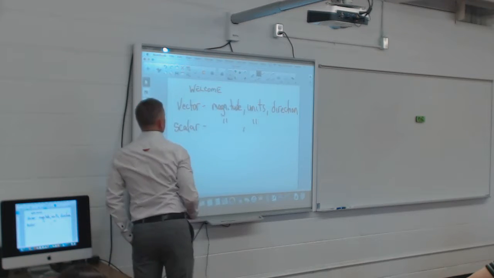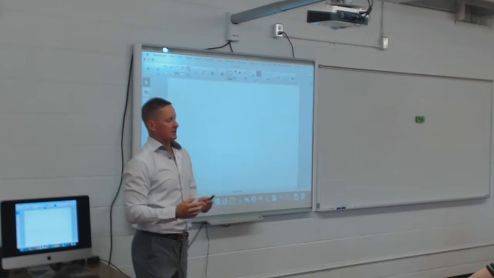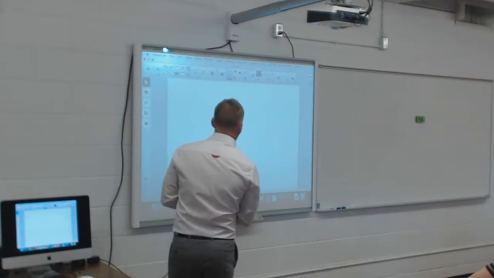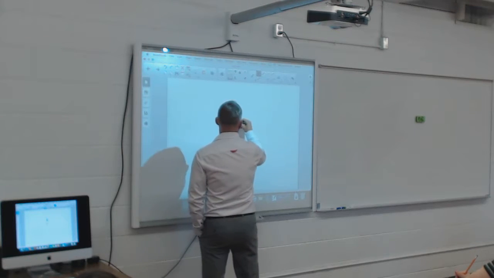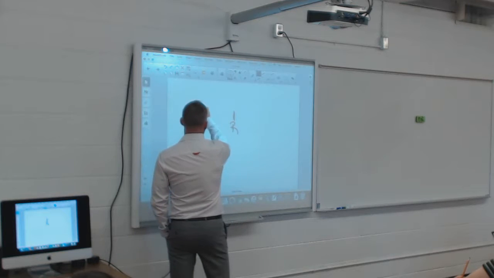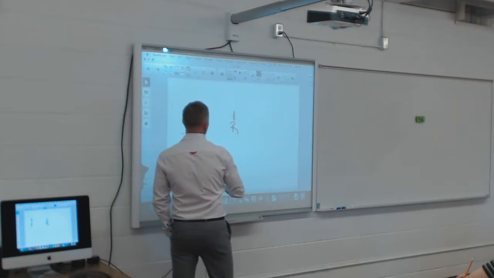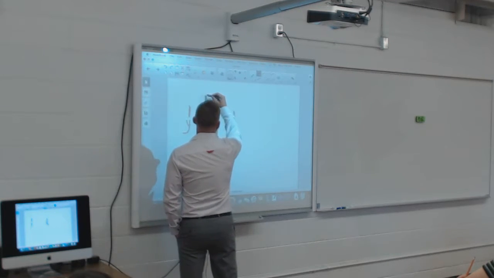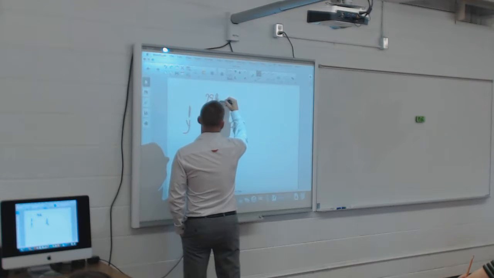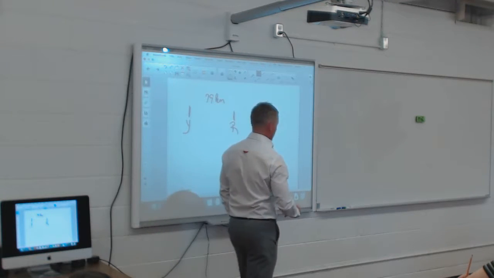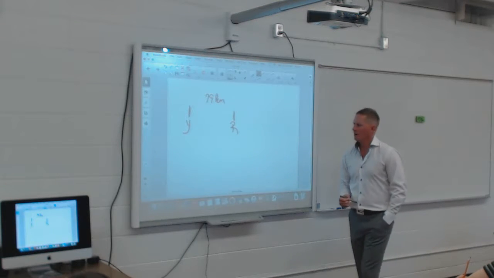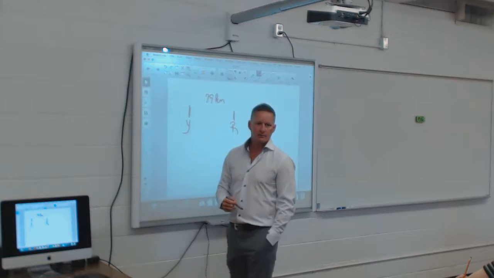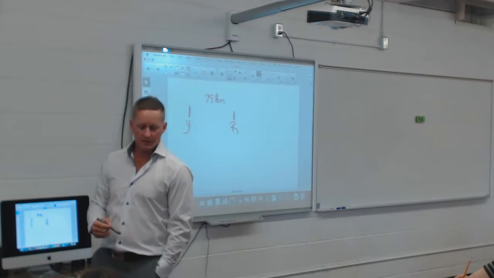So we've got vector and scalar. Here's an idea of a question, and it simply goes like this. If I go from Roblin to Yorkton, and it is 79 kilometers, what is the distance that I traveled? 79 kilometers.